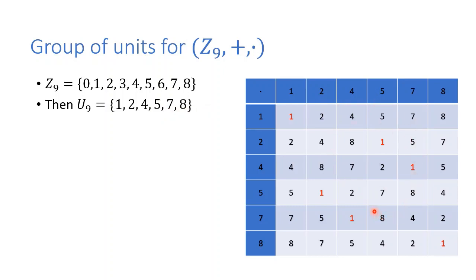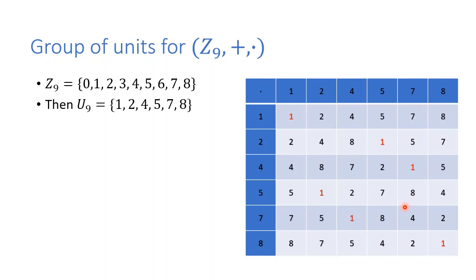You may verify that each and every element has an inverse. 1 is the identity element that belongs to this set, and the inverse of 2 is 5, inverse of 4 is 7, inverse of 5 is 2, inverse of 7 is 4, and inverse of 8 is 8 itself. So each and every element has its inverse in this set.